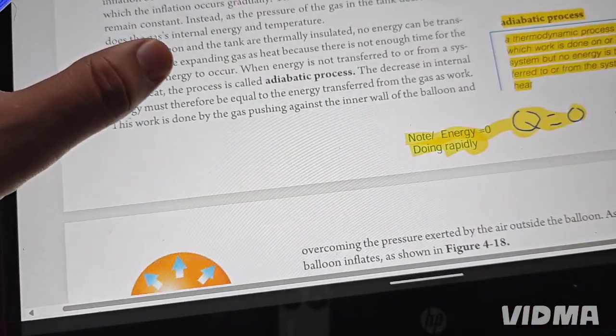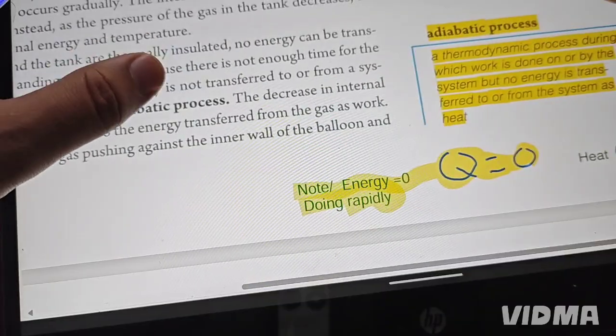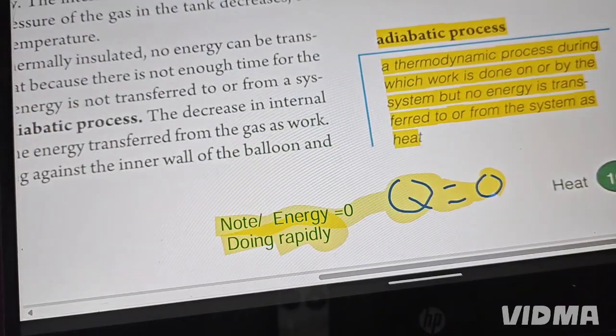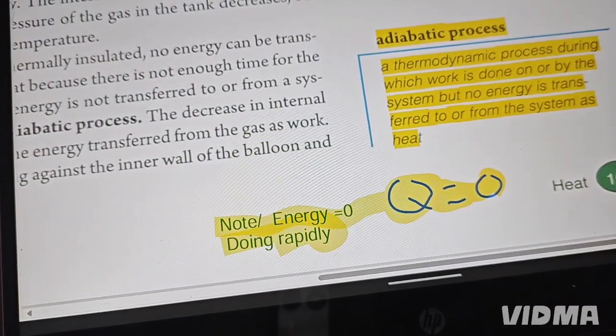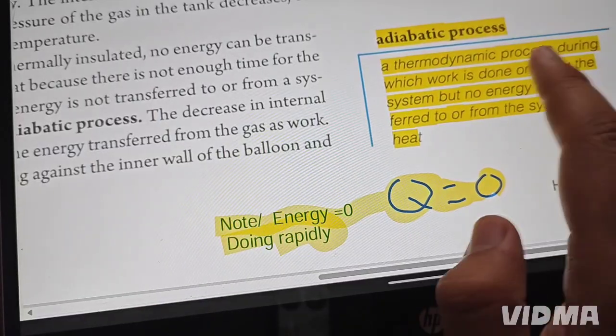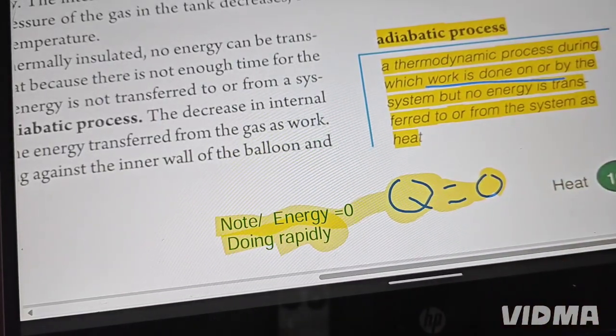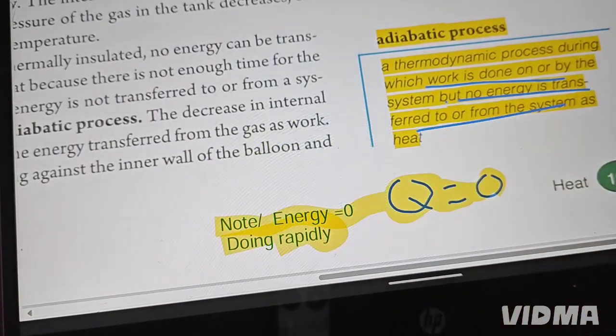The last type of thermodynamic process is the adiabatic process. In an adiabatic process, work is done by the system, but there is no energy transfer.